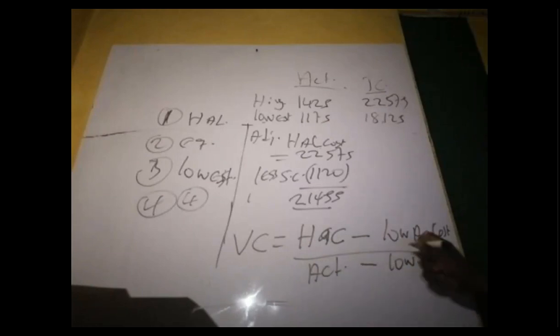Lowest activity level. That is all. We are done. Please don't go and quote highest cost minus lowest cost all over highest unit minus lowest unit. Okay. So that is that.